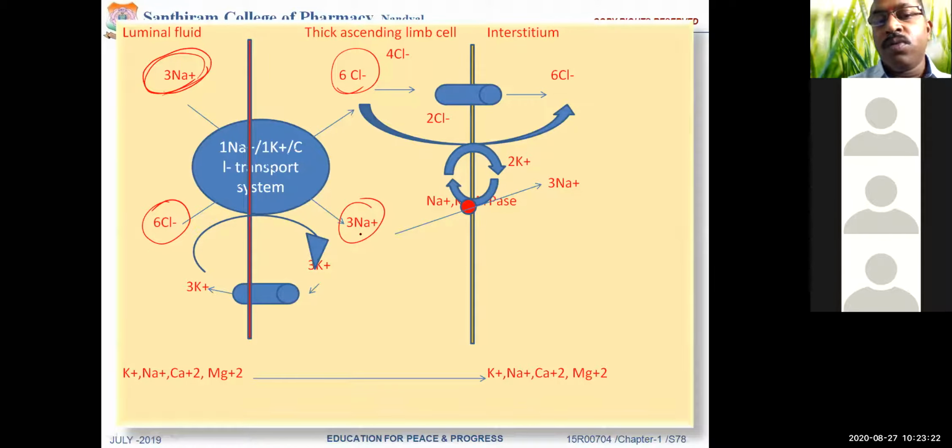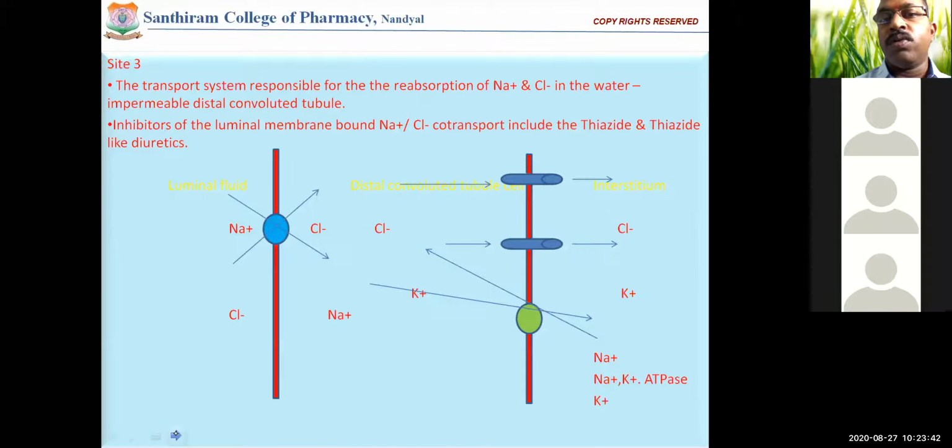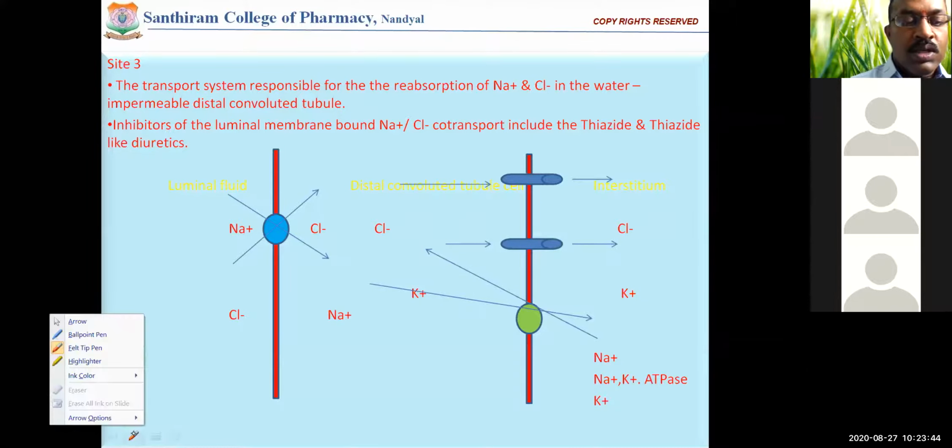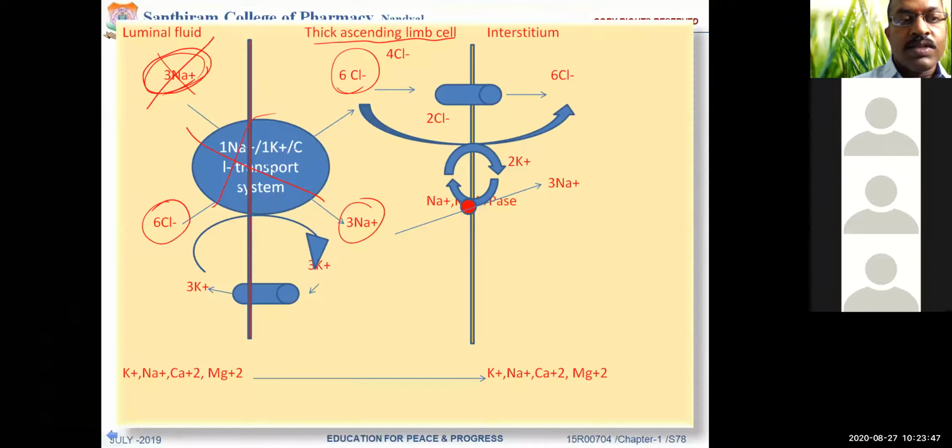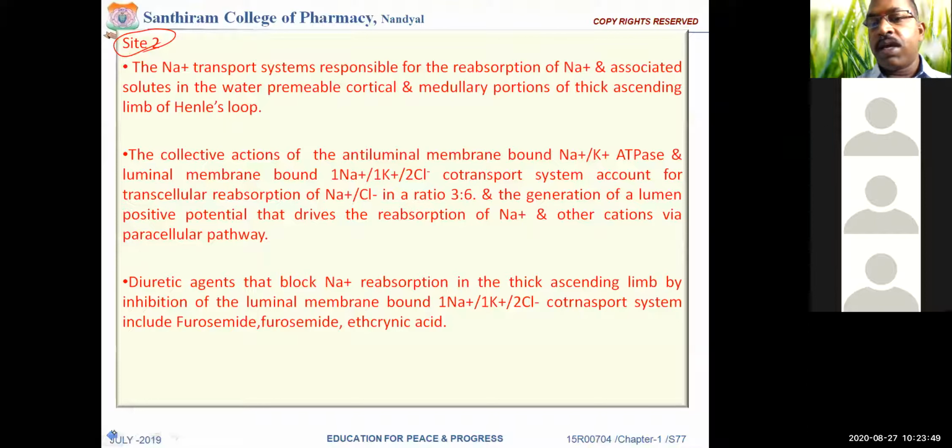Now if you are able to inhibit this active transport system, the Na+ K+ Cl- transport system, thereby we can prevent the reabsorption of sodium ions. This mainly takes place at the thick ascending loop of Henle. Okay, so this is the second site where we are going to target. The examples of drugs which act at this particular portion are furosemide and ethacrynic acid.